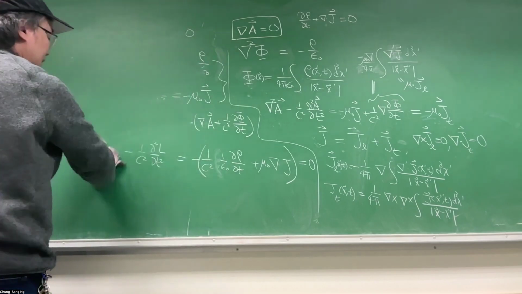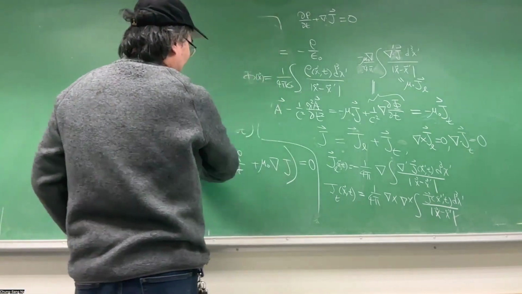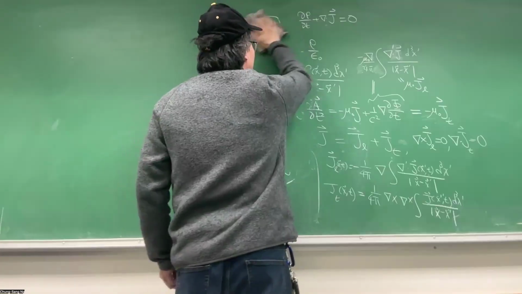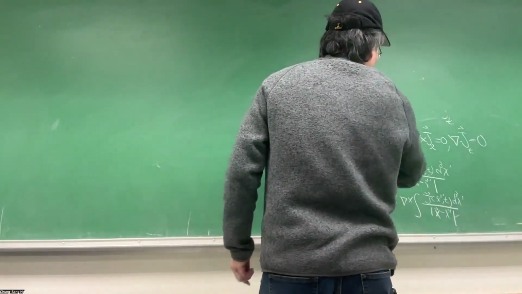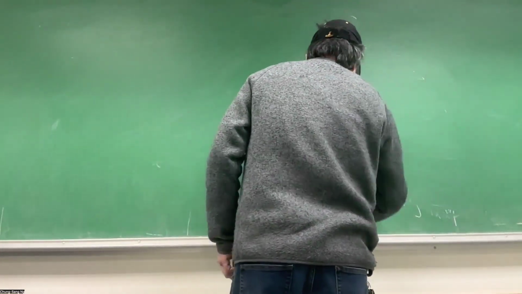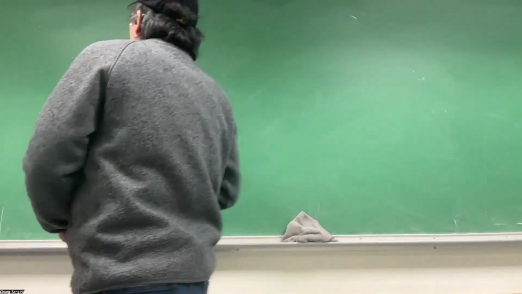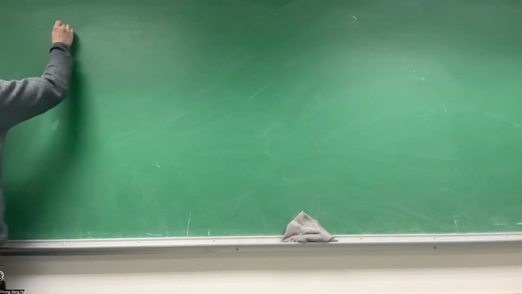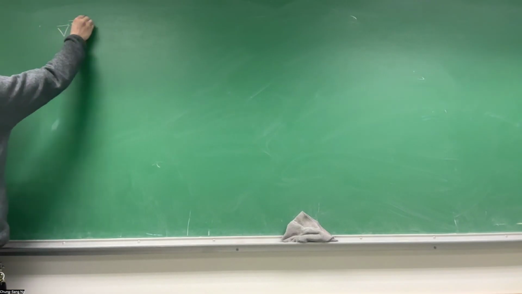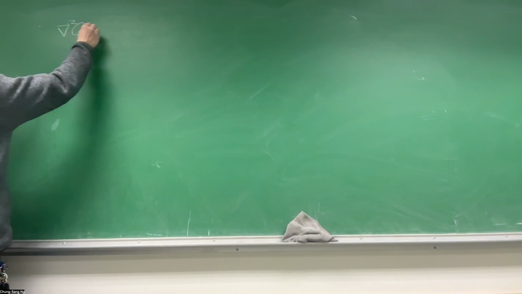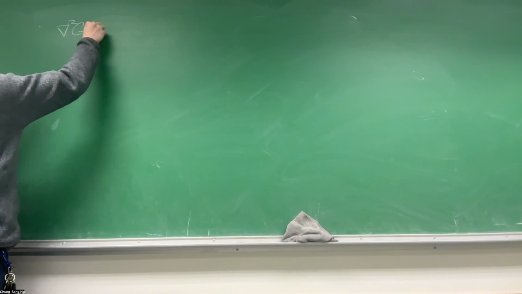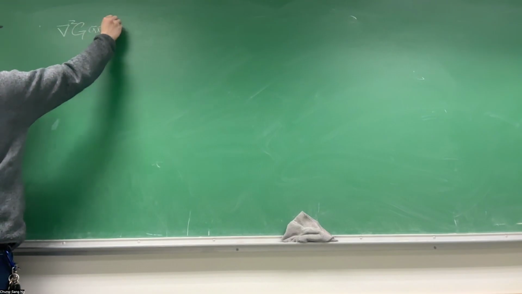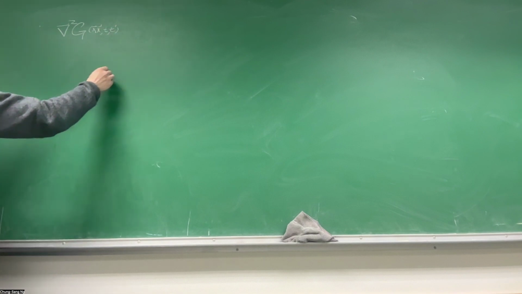All right. So ultimately, we want to find the Green function of the D'Alembert operator. It is the Laplacian of G, which should depend on x, x prime, t, t prime, right?